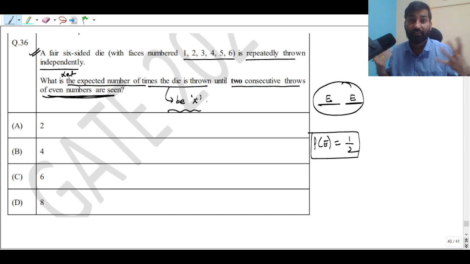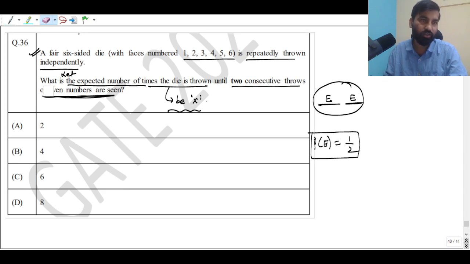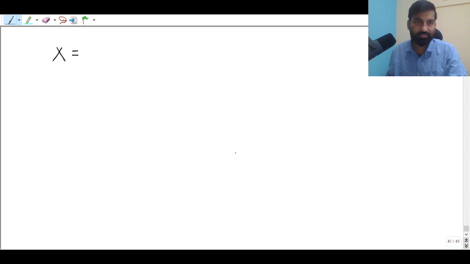But since we have considered that the number of times we have to throw the die is x, we take this as x. So x is what we have to compute. x is going to be the expected number of times we have to throw the die. Suppose you have thrown the die but you haven't got the even number.